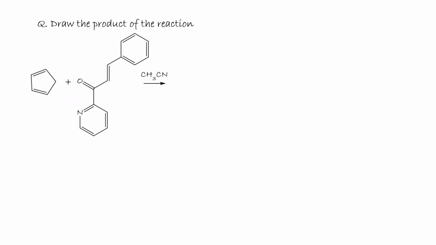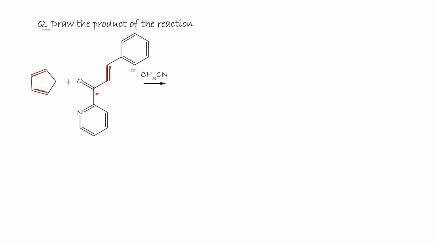Draw the product of the reaction. Here is the diene, and here is the dienophile, alkene. We have phenyl, we have this alkyl group.